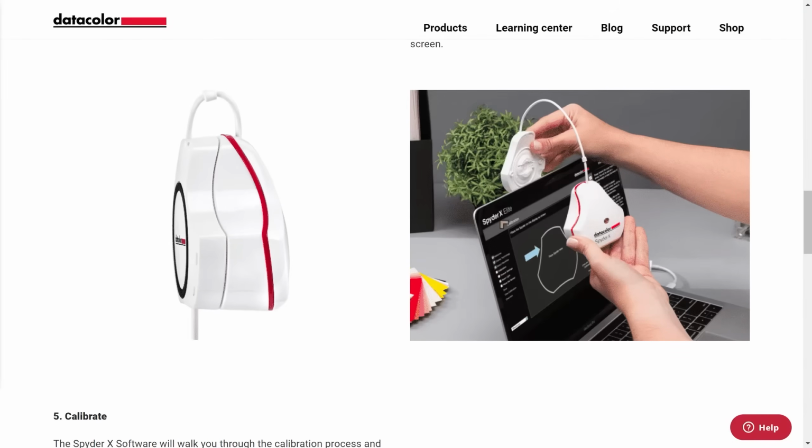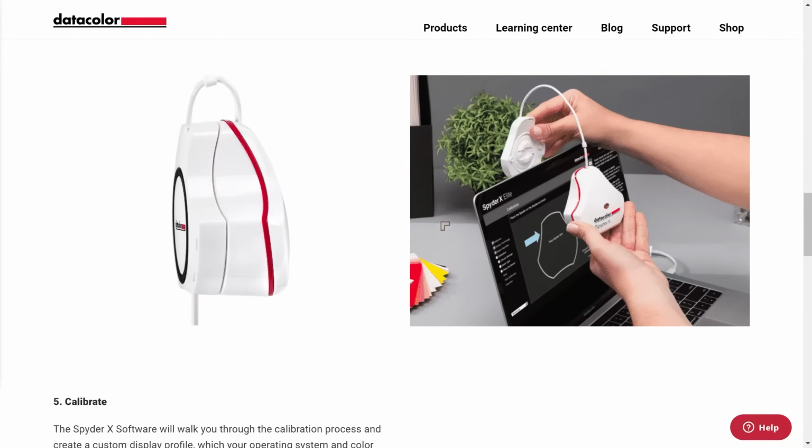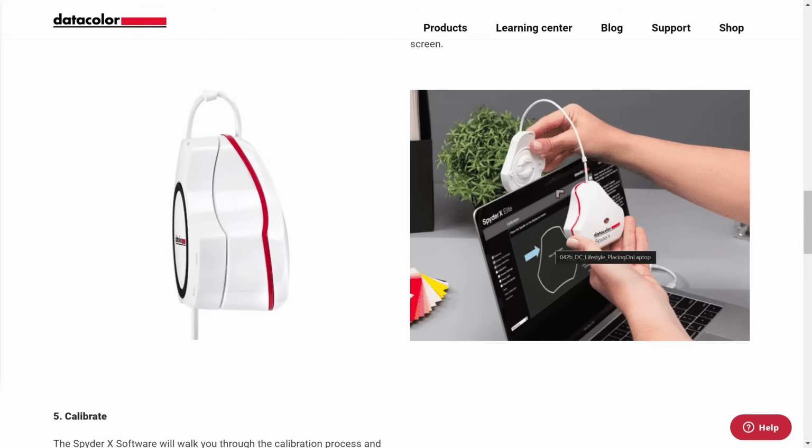And I'll also link to the Datacolor page, which will give you some information about how their device actually works. You need something outside the monitor to monitor the actual colors that the monitor is producing, so that any deviation from the expected color, the delta E, is corrected as you're using the monitor.